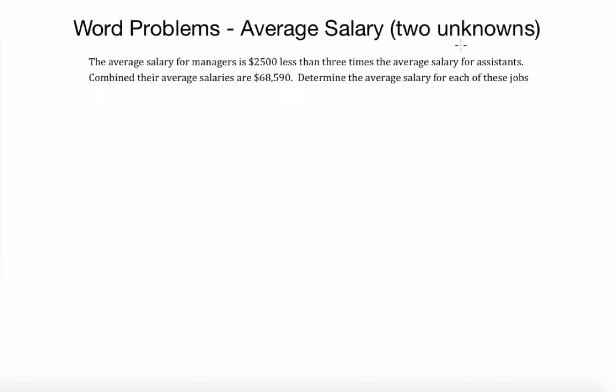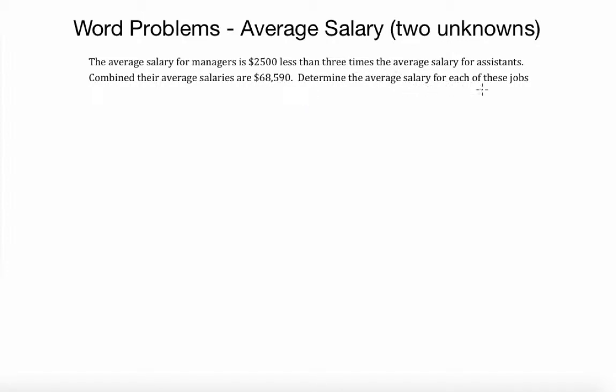Is give you an example of using one variable to represent multiple unknowns and then work your way through the problem. Okay, so in this problem we've got the average salary for managers is $2,500 less than 3 times the average salary for assistants. Combined, their average salaries are $68,590.